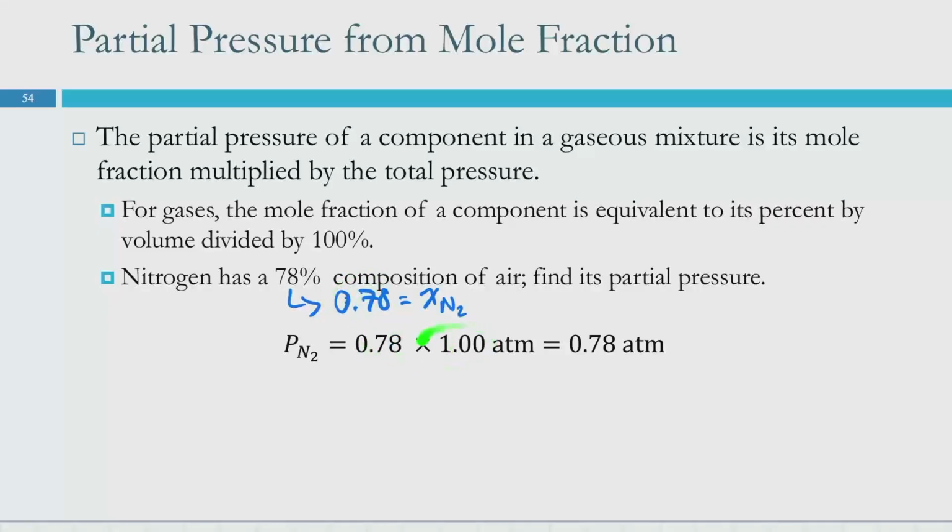If you take that and you multiply it by the approximately 1 atmosphere of air that we're breathing, then the partial pressure of nitrogen gas is about 0.78 atmospheres. So helpful takeaways from this slide, you can turn percents into mole fraction, just divide by 100%. Questions? Great, we'll stop there.